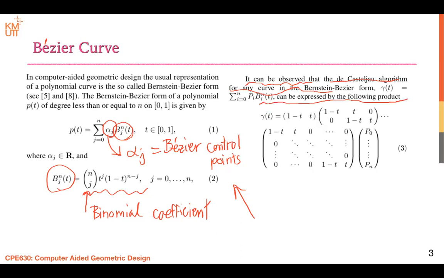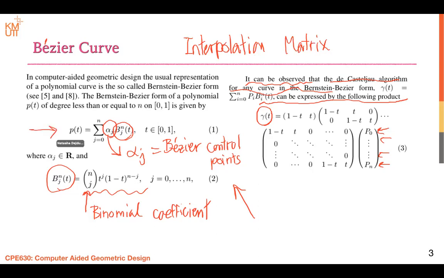So if gamma of t is a Bezier curve, and P0, P1, P2 until Pn are the Bezier control points, we have what we call these kinds of interpolation matrices that will represent the Bezier curve, instead of using this formula.